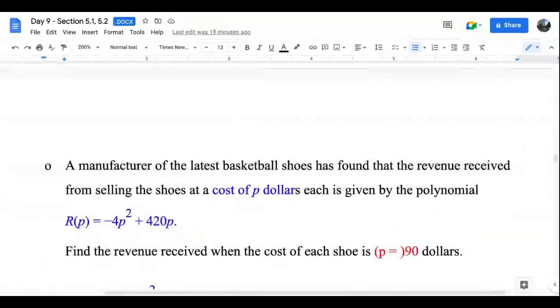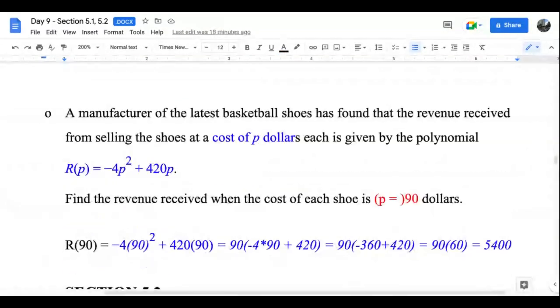Let's see this one. A manufacturer of the latest basketball shoes has found that revenue received from selling the shoes at a cost of $p each is given by the polynomial. So the revenue in terms of price p is negative 4p squared plus 420p. A downward parabola, right? A polynomial of degree 2, or quadratic function. So what do we want to do?